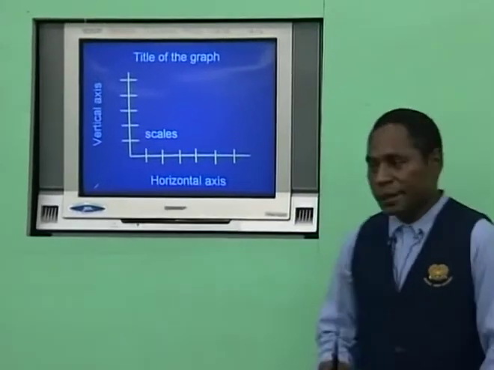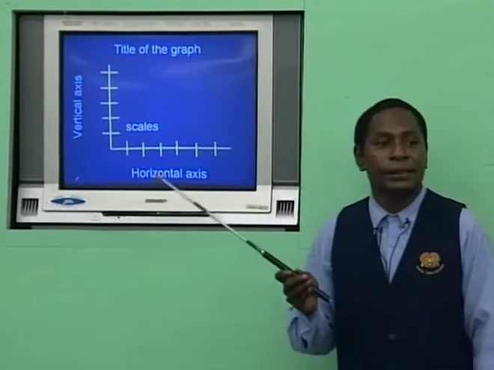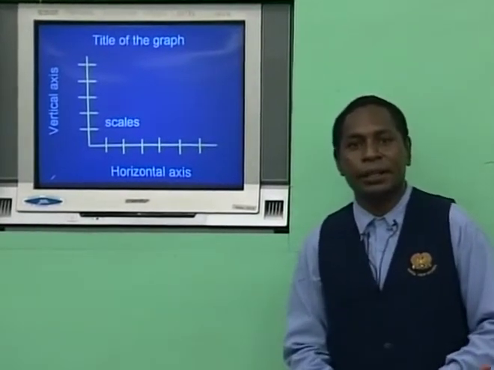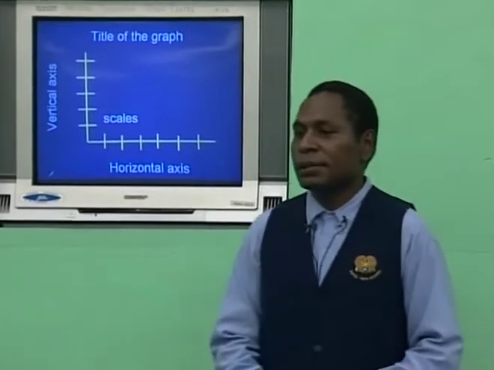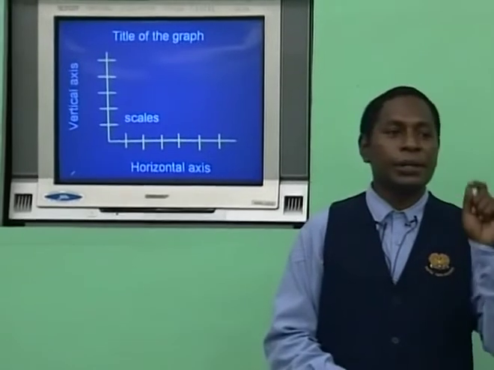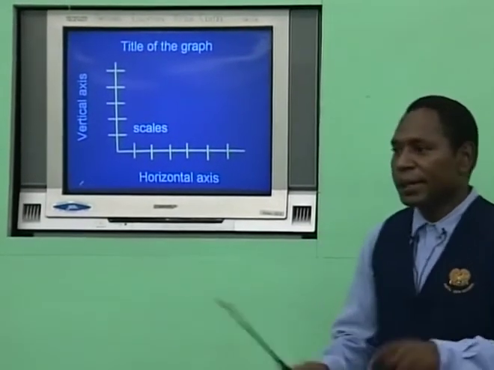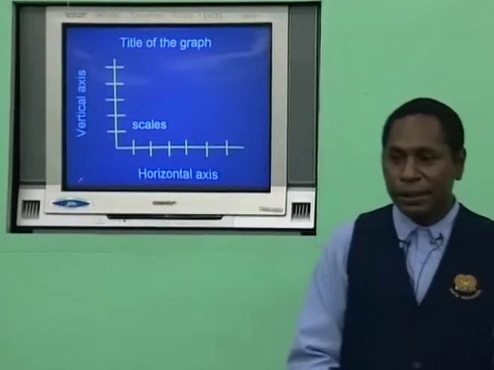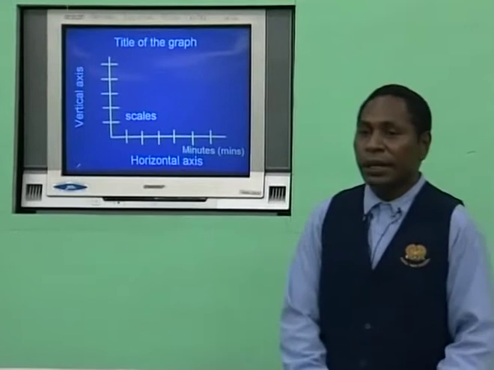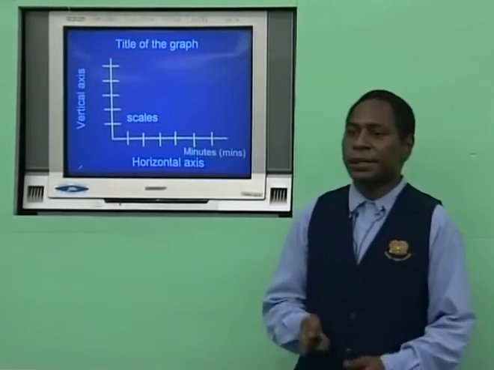Remember, we're measuring time and temperature. So at the bottom here, we are going to be putting time, and time is measured in minutes.